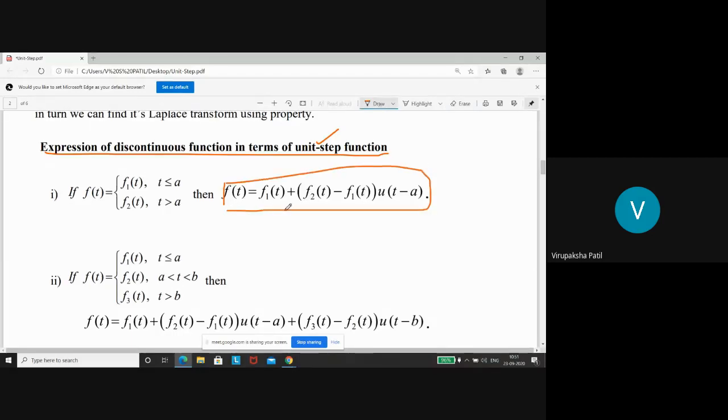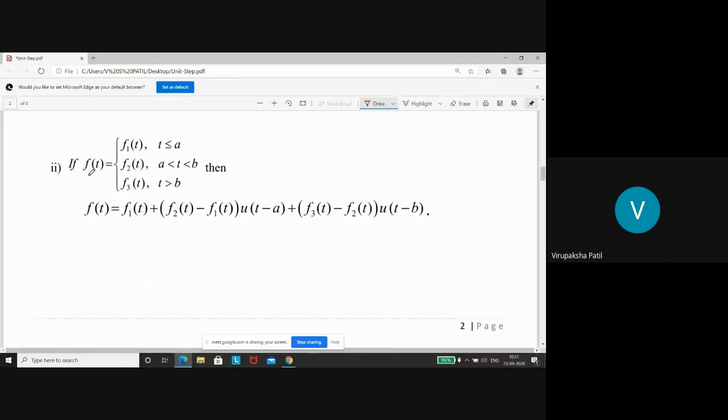Then next we'll consider one more case. Whenever your function is split into three parts, that is, f of t is f1 of t whenever t is less than or equal to a, f2 of t whenever t lies between a and b, and above b it will be f3 of t. Fix one point a here and one point b here.